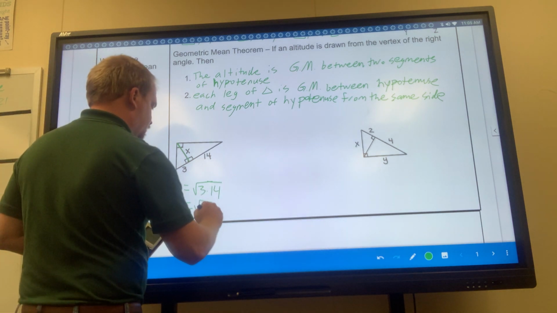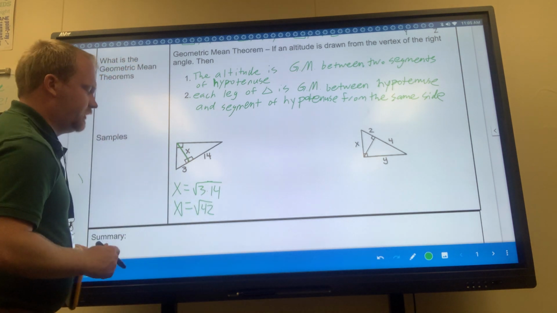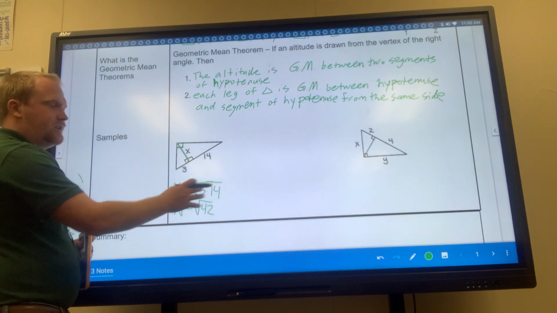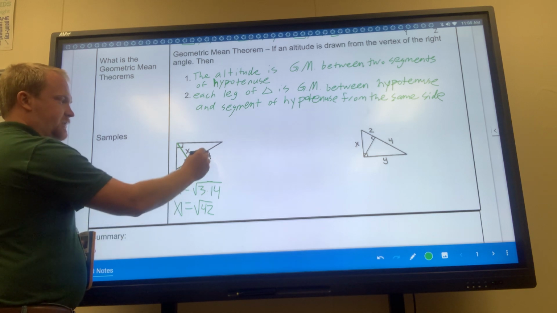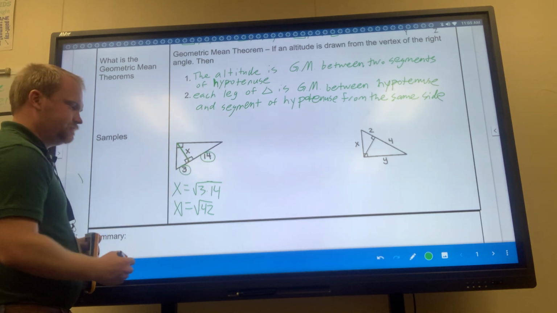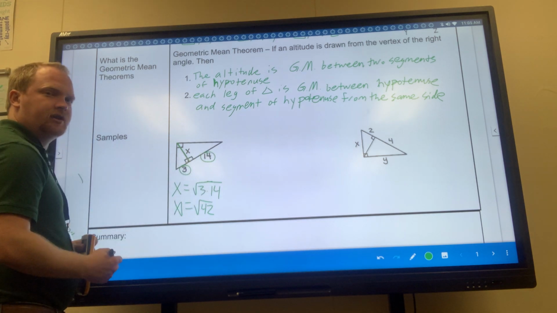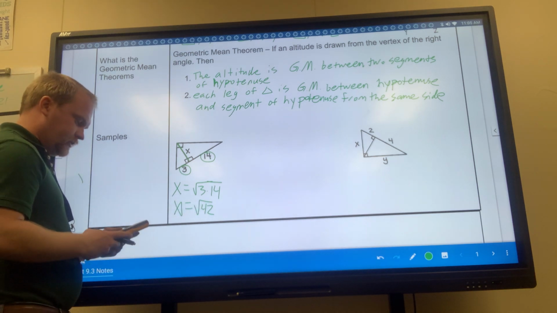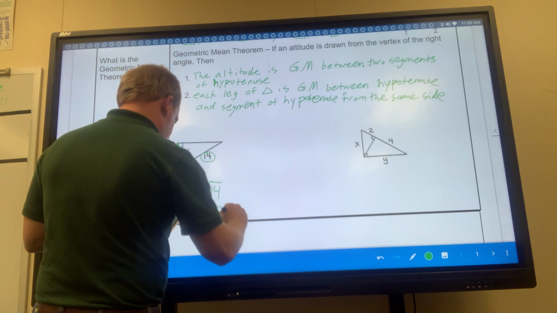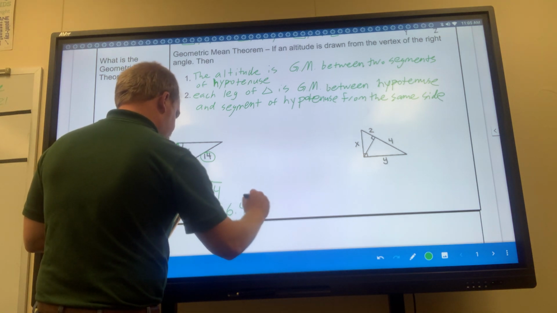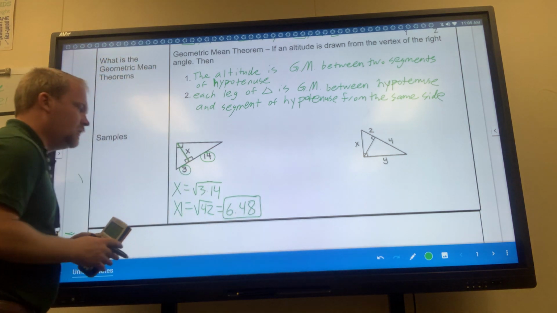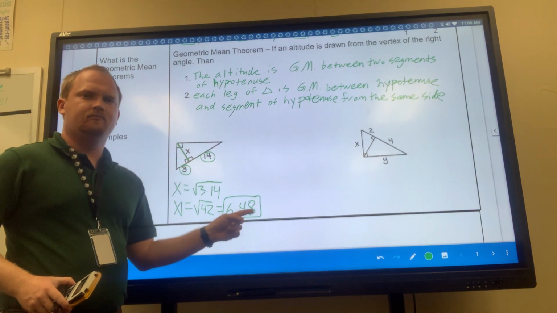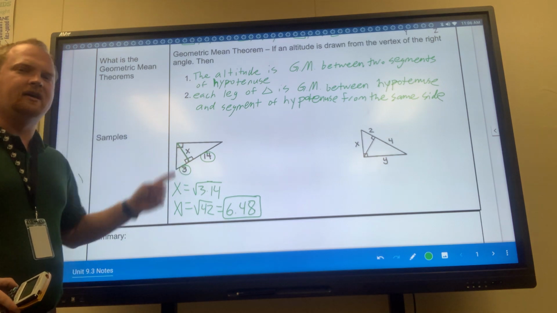I set it up like this because it's one part times the second part. So 3 times 14 gives me 42. I take the square root of 42, which is 6.48. So the altitude of this length is 6.48. That's the length of x.